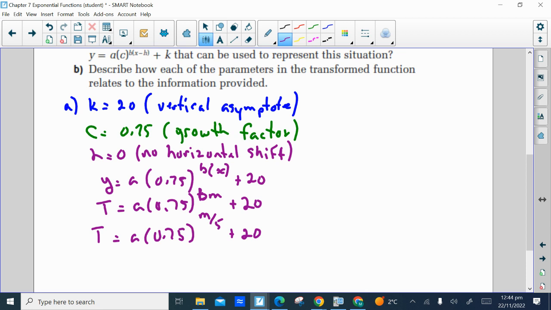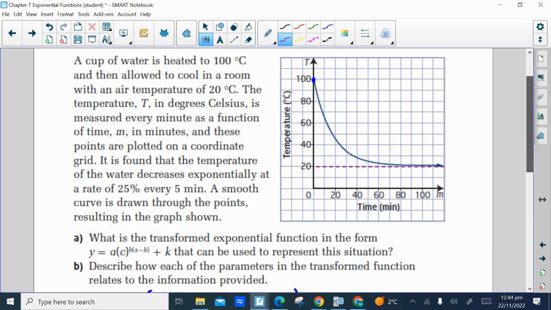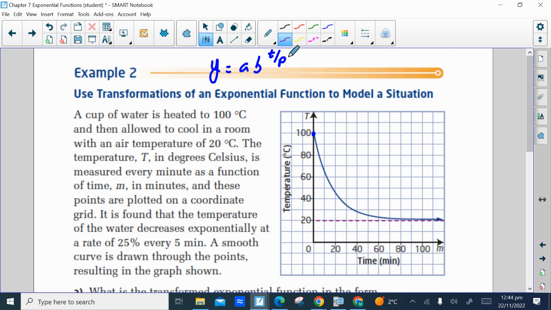Now, where does that come from? Well, again, remember that this exponent, t over p, t refers to the time that has elapsed. P refers to we call it the doubling period, or we can call it the multiplication period. In this case here, we are told that the water temperature decreases by 25% every 5 minutes, or it maintains 75% of its water temperature every 5 minutes.